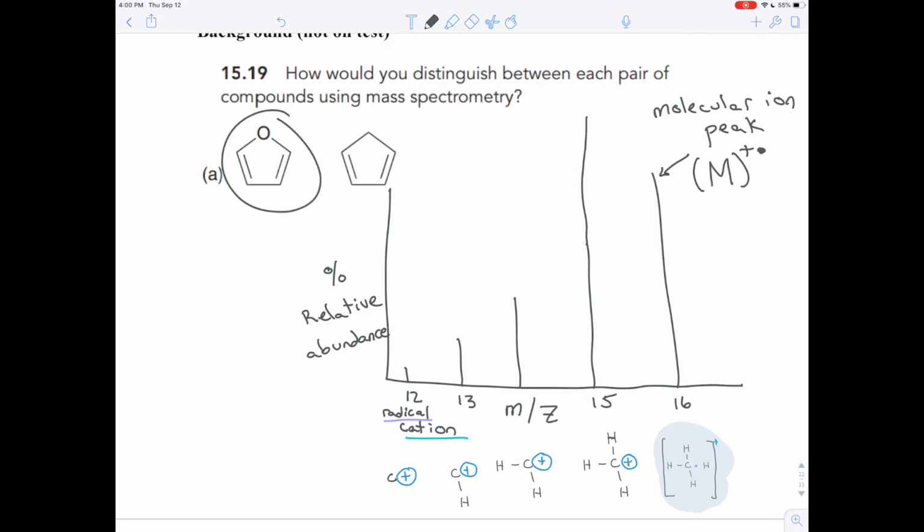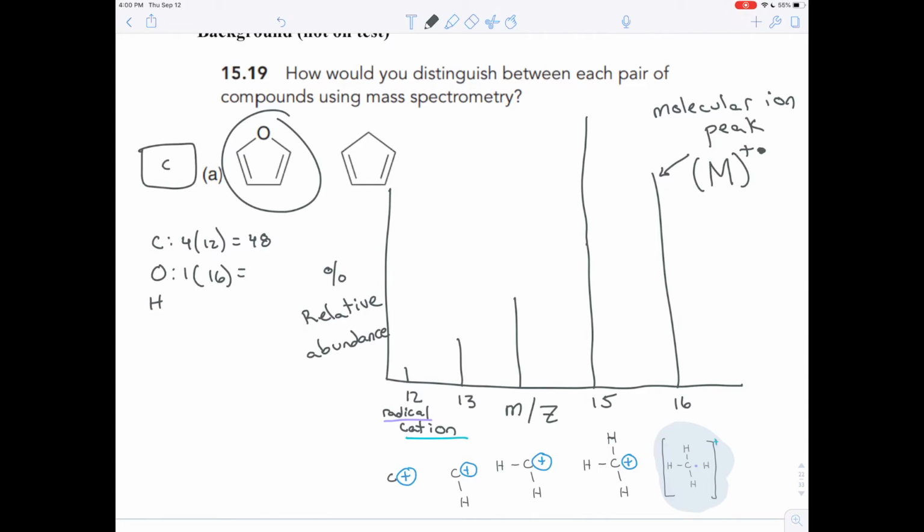Well, notice, this compound has 1, 2, 3, 4 carbons. So we have carbon here, we have oxygen, and we have hydrogen. We have 4 carbons. Each carbon has a mass of 12, so that's 48 coming from the carbons. For oxygen, we just have the 1. Oxygen weighs 16.